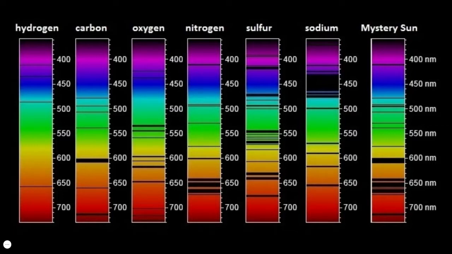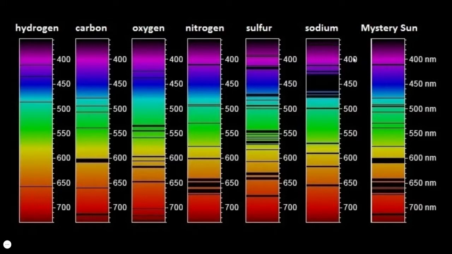The first pattern I notice right away is near the 400 nanometer mark. I have a fairly dark line in our mystery sun, and then there's no line until after 450 nanometers.